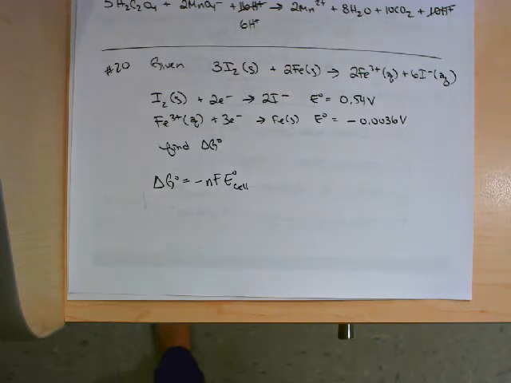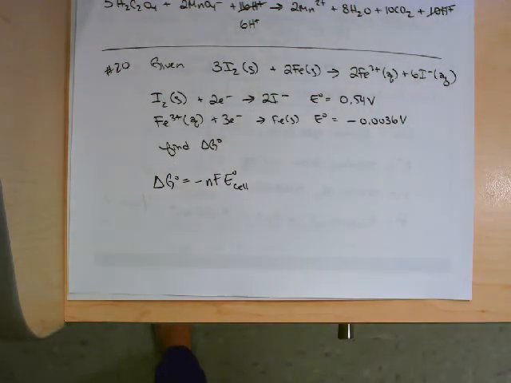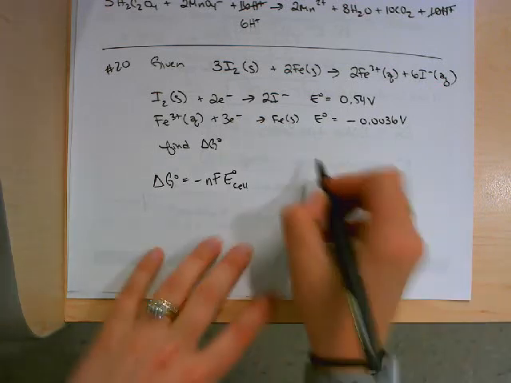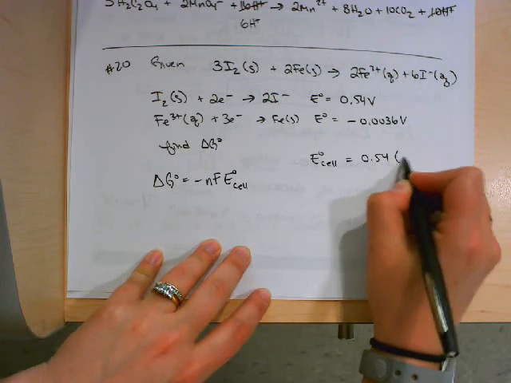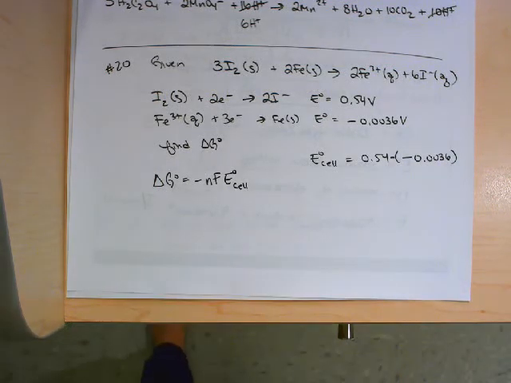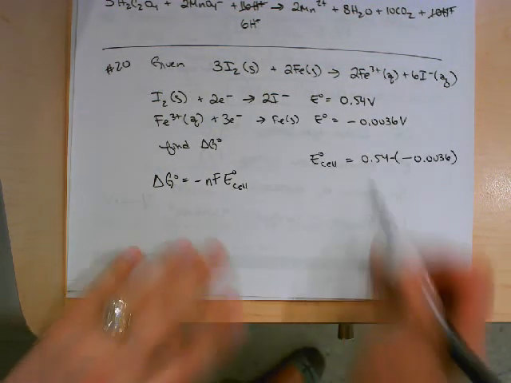What minus what? Cathode minus anode. So, up here, what element is at the cathode? Who's being reduced? Iodide, right? It's going 0 to minus 1. Right, so it must be that. If iodine's being reduced, it's the cathode.